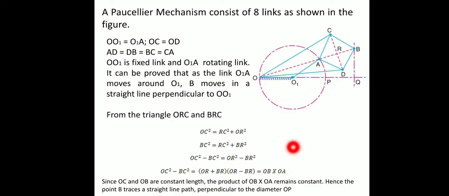So the final equation will be OC square minus BC square is equal to OB into OA, and OC and BC are constant in length, so this equation will trace a straight line which will be perpendicular to the line O1PQ. This is the working of a peculiar mechanism. The main important thing is that a peculiar mechanism consists of 8 links.